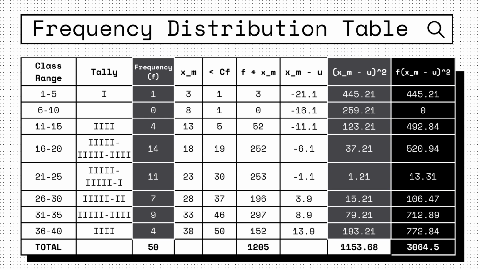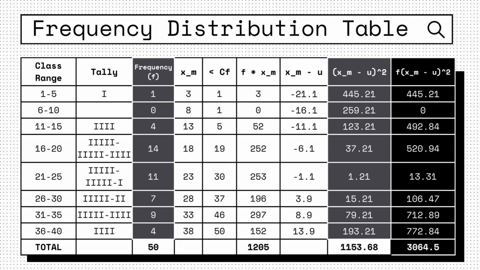For the ninth column, we will need to multiply the frequency by the x sub m minus mean squared. So for the first one, we will need to multiply 1 by 445.21, which is equal to 445.21.